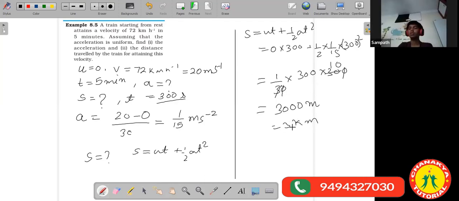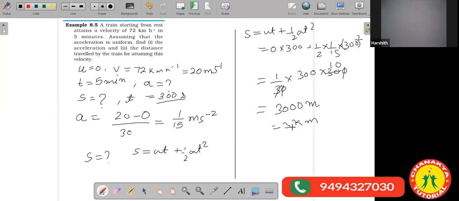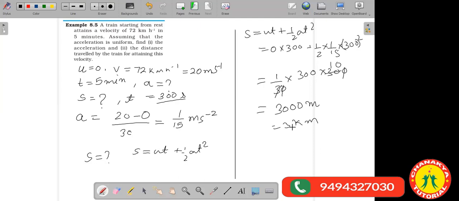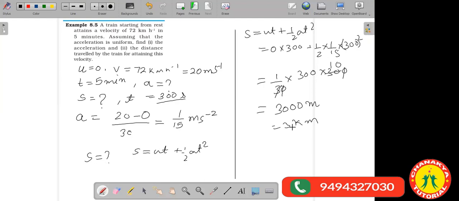Yes, sir. So, anyone got this answer now? Yukta, what happened now? Nothing, sir. Maybe you are not getting it right now, but just understand the steps and you will be able to solve the subsequent questions.